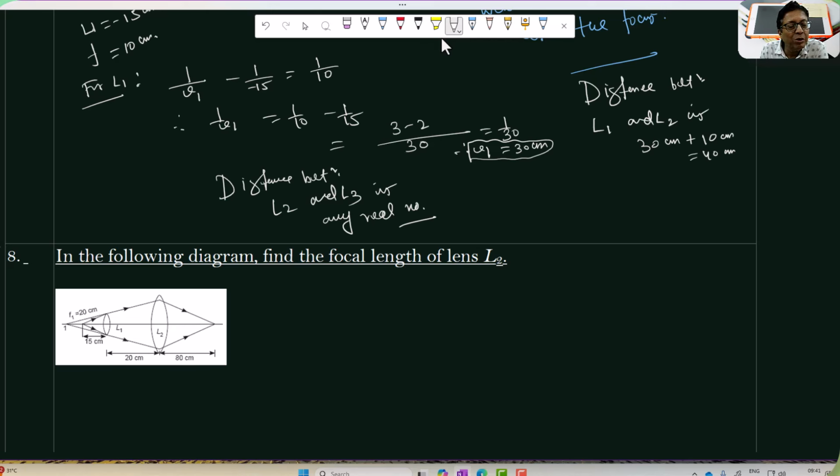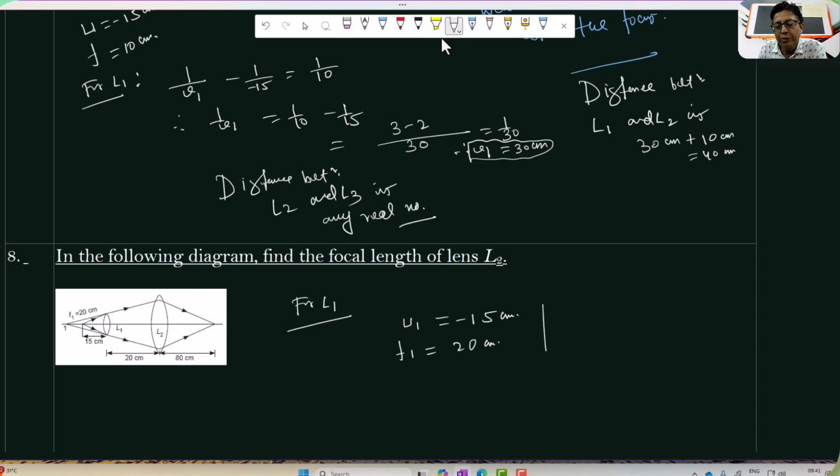If you produce backward, you will get the image over there, and that will behave like the object for L2. So let us do it for L1 first. To find the position of the image, we write U1. U1 is what? Minus 15 centimeter. Focal length F1, always positive, convex.